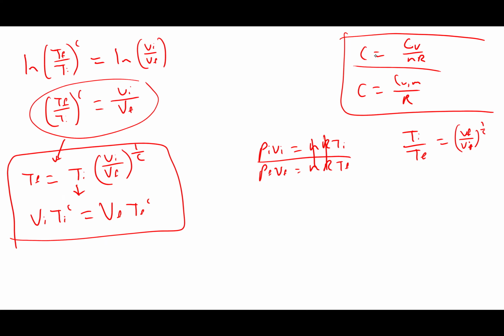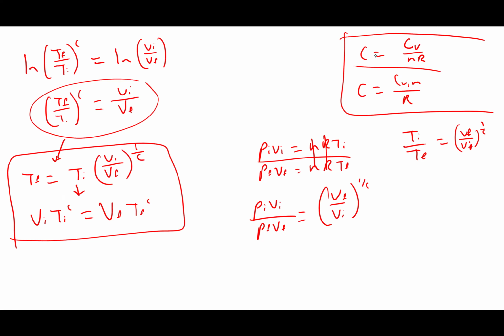And if we do that and rearrange a bunch of stuff, we'd have PIVI over PFVF, which would be VF over VI to the 1 over C power.